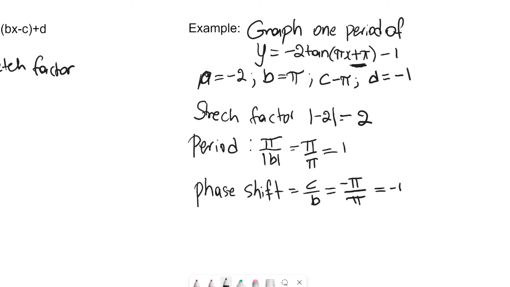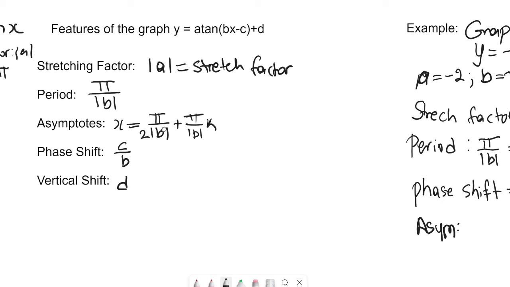Now, lastly, we're going to look at our asymptotes, and this is going to be very important when we're graphing our tan function. To find the asymptotes, we could use this formula here.